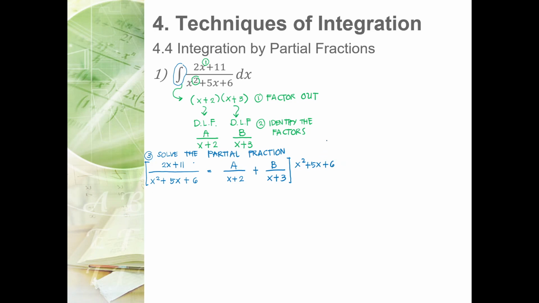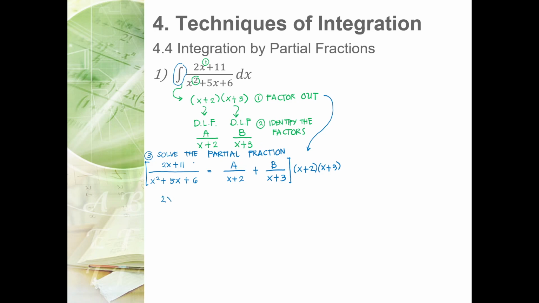Or if you don't want to use this one, use the factored out terms earlier, so multiplied by x plus 2 and x plus 3. If you expand this, it's equal to x squared plus 5x plus 6.